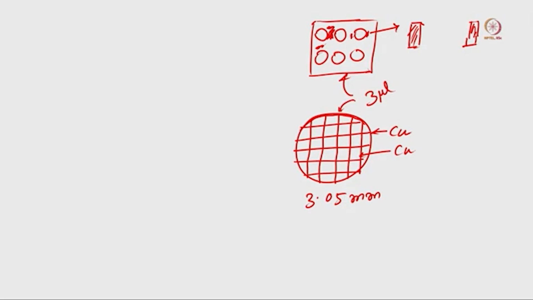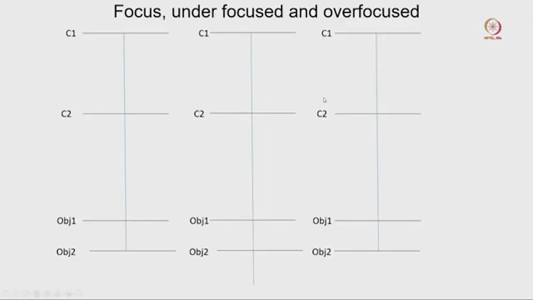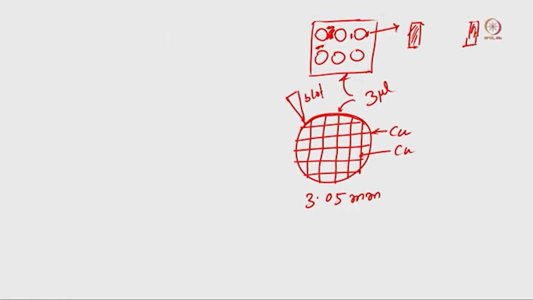Then we use a blot paper to blot the extra buffer. Generally the blot paper will come from both sides of the grid and blot the excess buffer solution, so that only a small amount of solution stays inside this hole.